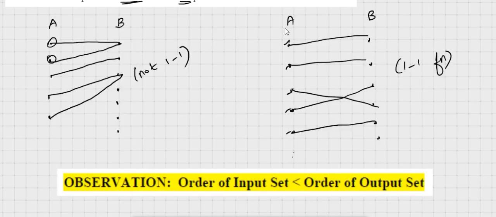Here what is the order of output set? It is 6. If a function is one-to-one, the order of input set will be less than or equal to the order of output set. You could not define a one-to-one function without satisfying this condition. That is very important.